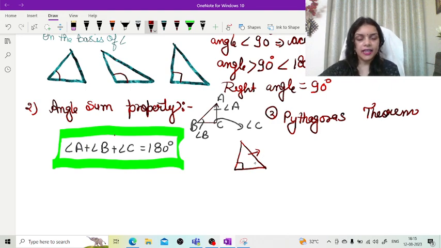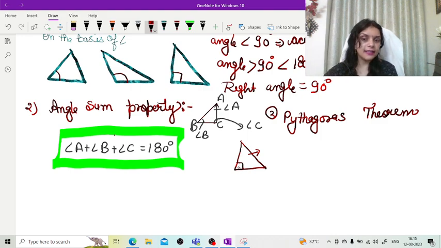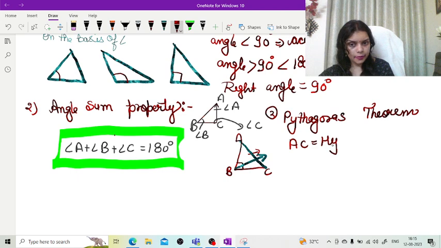The second thing, what is hypotenuse? The side opposite to an angle. This is a right angle, so the opposite side of the right angle. So which one is the opposite side? This one is the opposite side, right? So it will be the hypotenuse. Suppose the triangle is ABC, then AC will be the hypotenuse.